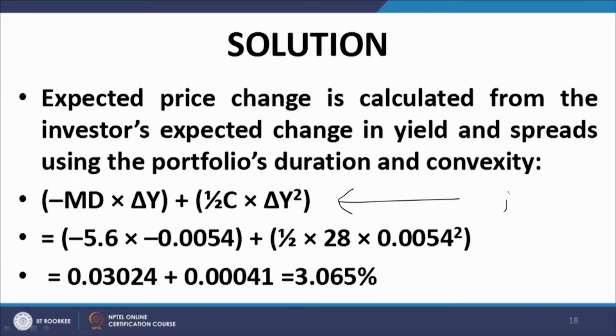Let us call it equation number 1, and using equation number 1, where MD is the modified duration, plus 1 by 2 into effective convexity into delta y square, on computation this turns out to be 3.065%. So, this is the positive price change due to the decline in interest rates.